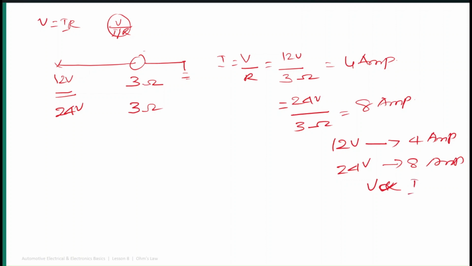Now let us work out some more examples. Consider this circuit having a load which is having 12 volt, and here we have already learned how to calculate the current. Now think that this circuit is having 3 amperes.